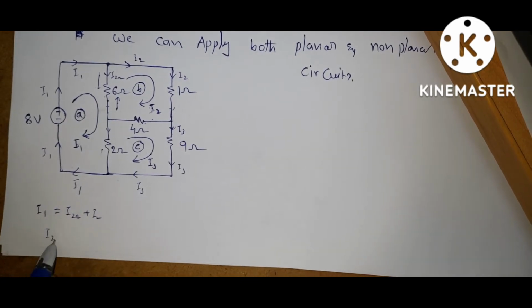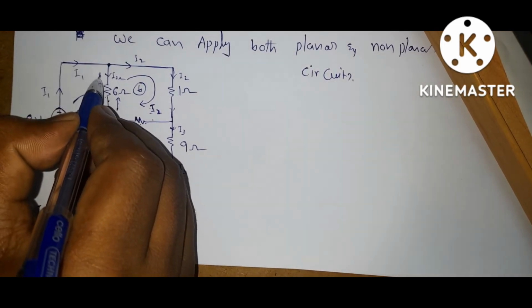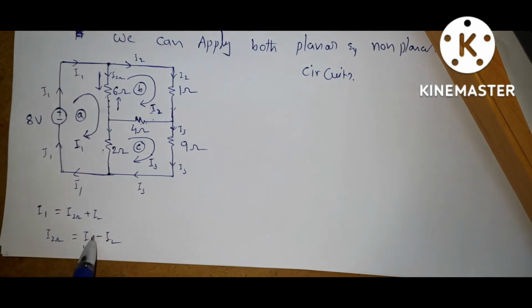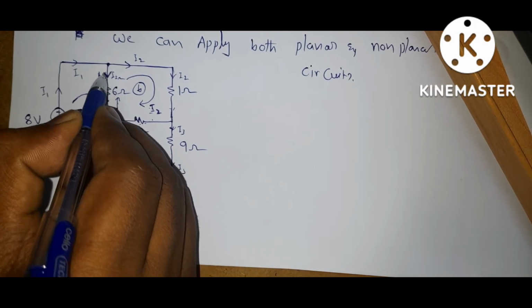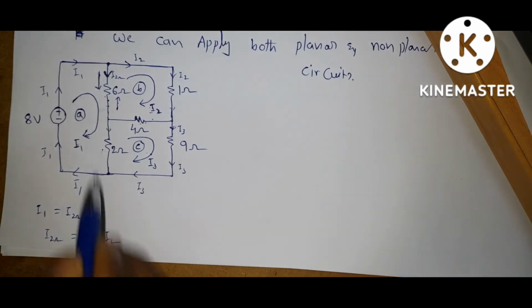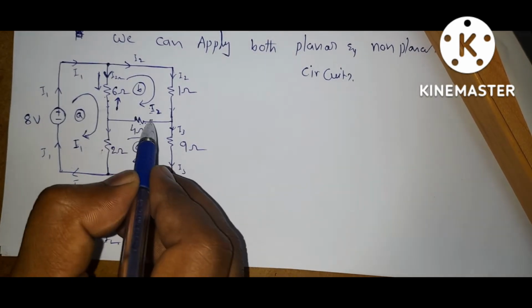Now what is I 6 ohm? I 6 ohm is equal to I1 minus I2. That means I1 is positive, since its direction is considered like this, the same direction is I1, and the opposing direction is minus I2. Understood?